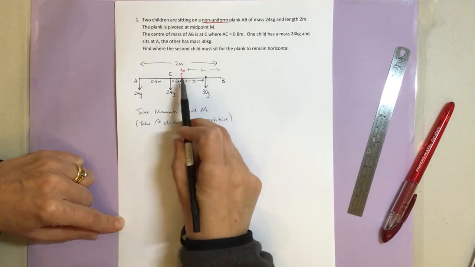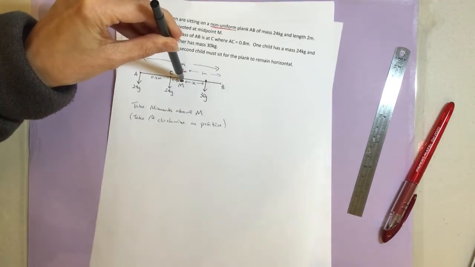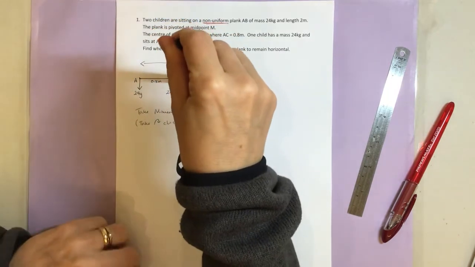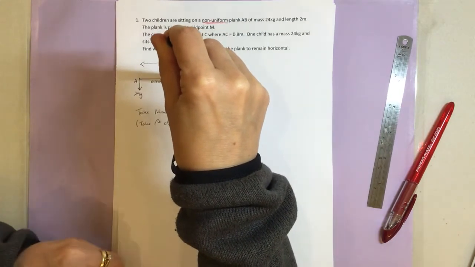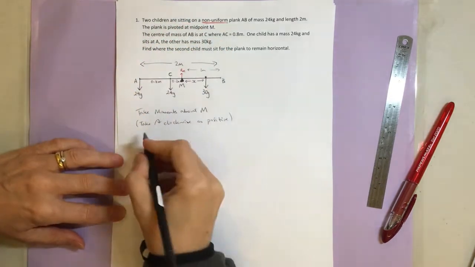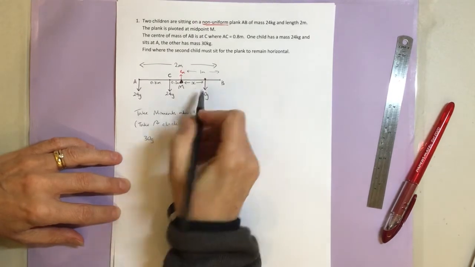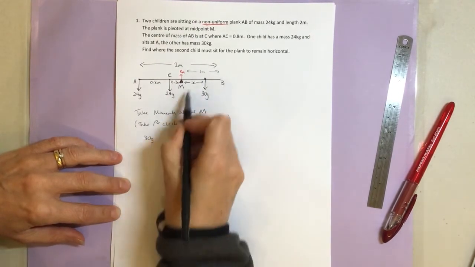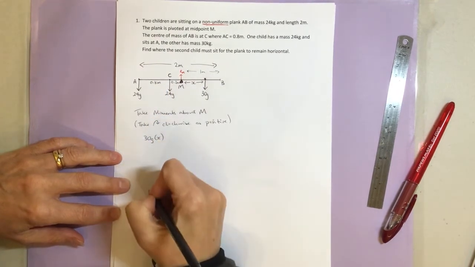So this 30g is going to be pulling us clockwise, so that's going to be positive. And then these other two 24gs are both pulling us anti-clockwise, so they're just going to be negative in terms of moments. So let's look at our moments added together. The 30g clockwise, that's positive. Perpendicular distance from M is this unknown x.